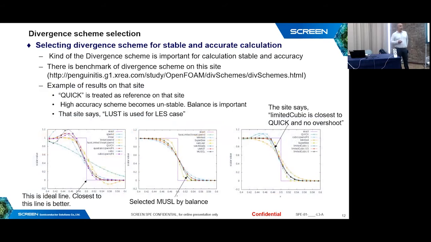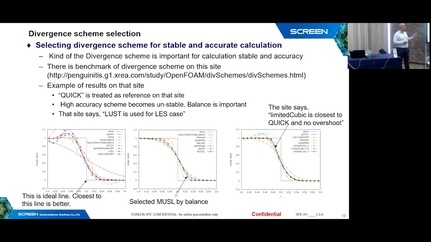So here's an issue we had with the divergence scheme. We had a problem of overshoot, and the overshoot of the divergence explains why we have some huge speed in our simulation. So what we found is we use the best in our case. I cannot show it, but the ideal case is a stepwise function in purple or pink. We want a function which is closer to this stepwise function, but with no overshoot.